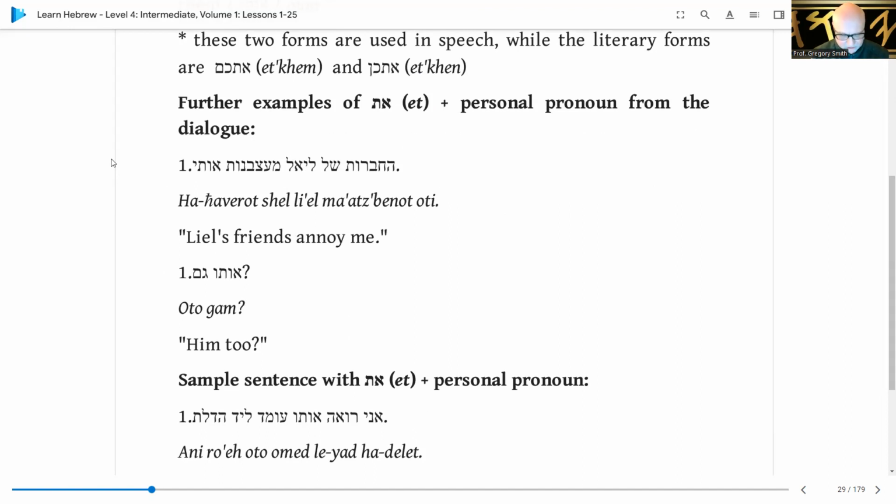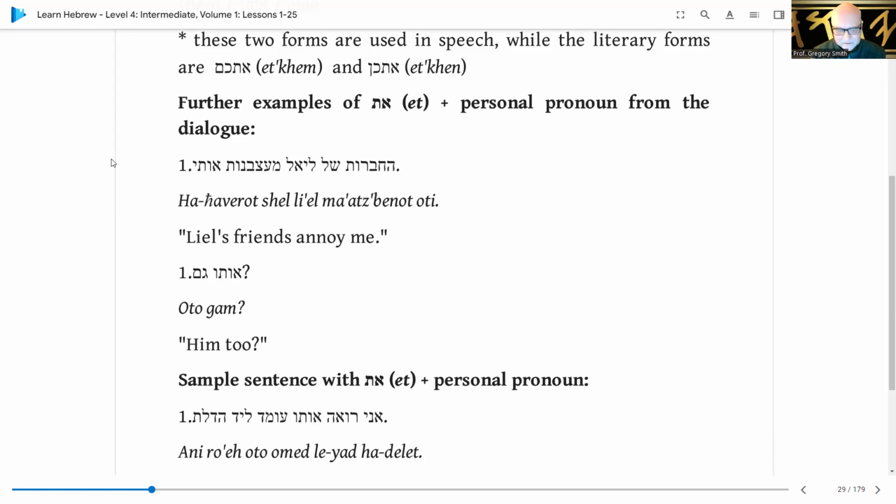That's that long word there. It's going to take me a little while to get it really memorized. החברות של ליאל מעצבנות.